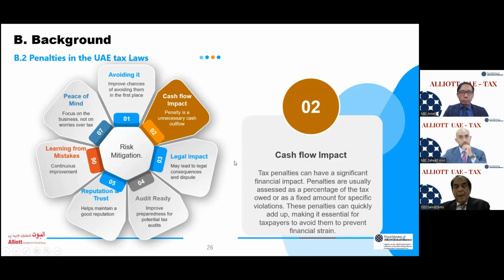Coming to the financial impact, of course, penalty is certainly not good for the companies, as it is unnecessary payment of money and a bad name in the market. How will the penalty come? It will come on your taxable income, either as a percentage or fixed for the valuation. That unnecessary adding up makes it essential for the taxpayer to avoid and prevent these strains.